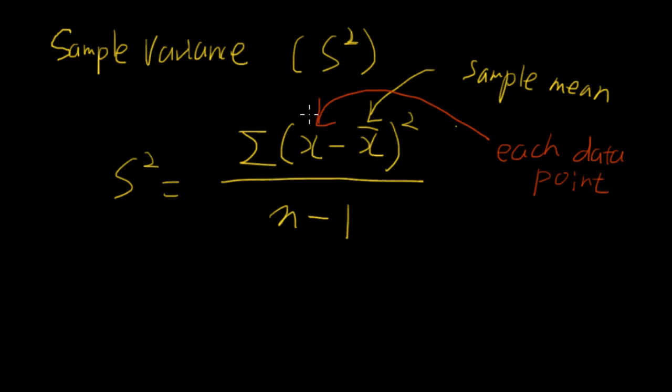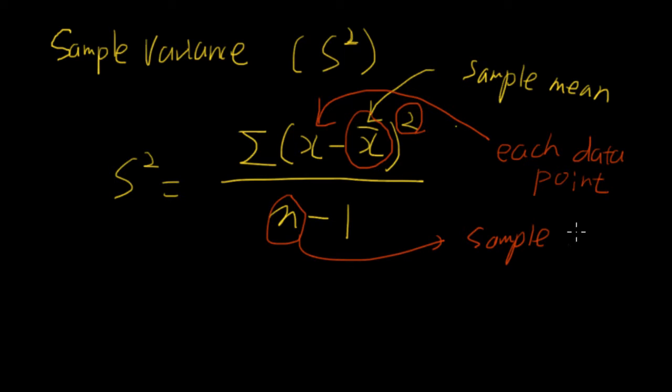In order to use this, of course, you have to find the sample mean first, and then for each individual data point, subtract the sample mean, figure out that difference, and then square it. What's this n? This is the sample size, right? This is the formula.